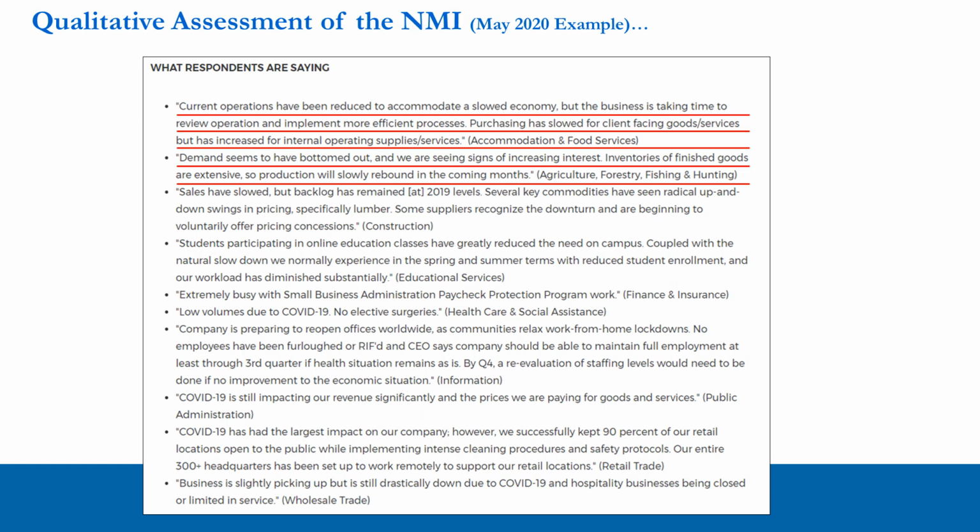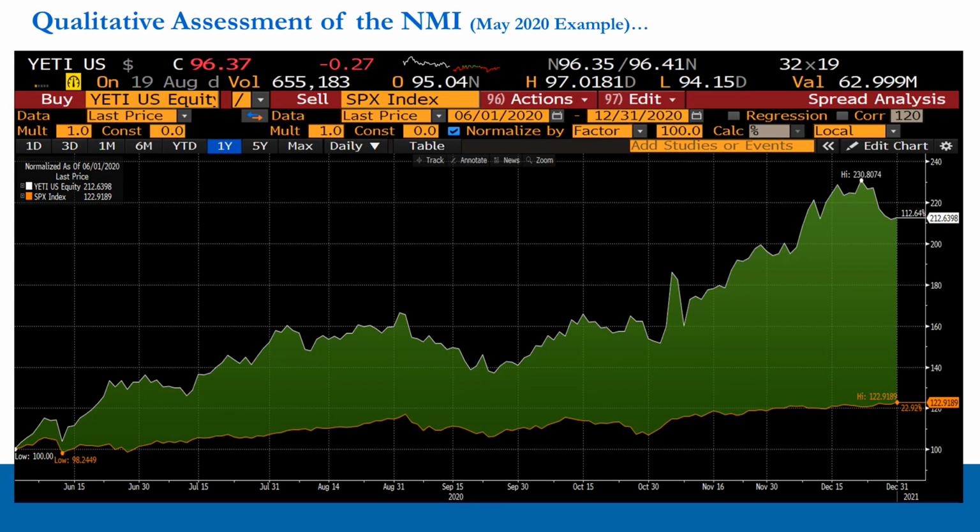So, for example, in May 2020, we got that strong message from the agriculture, forestry, fishing and hunting industry. If we went away and did some work on that industry, on that sector, we may have come across a stock called Yeti.